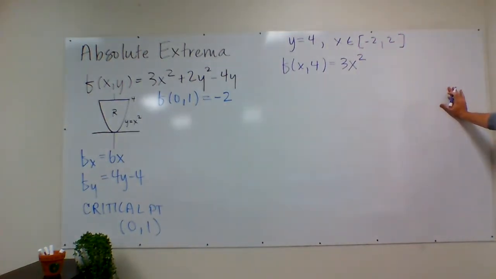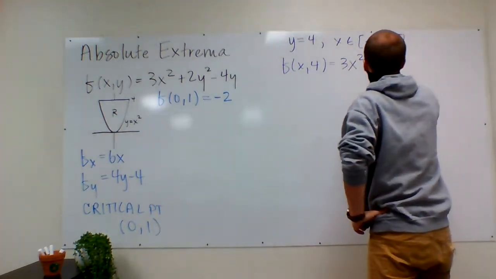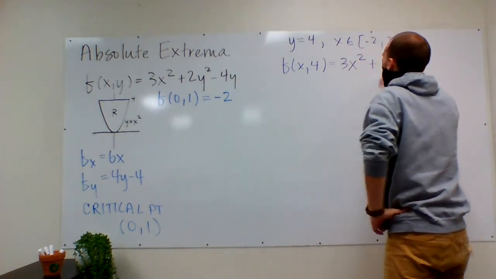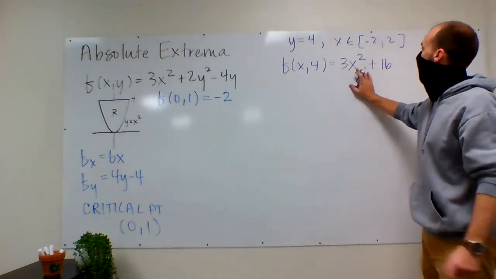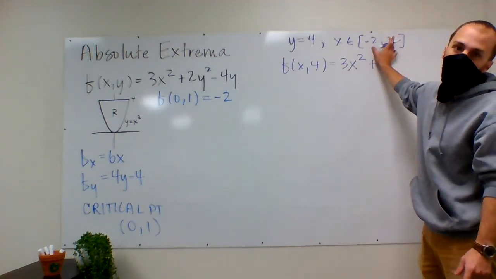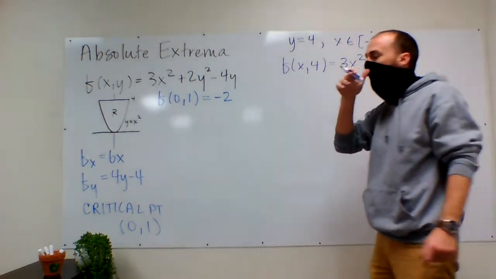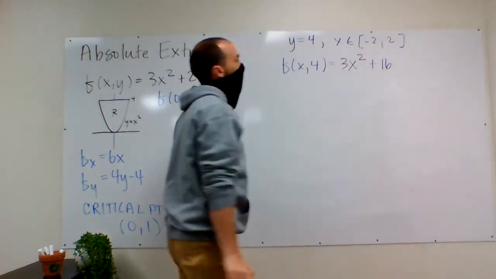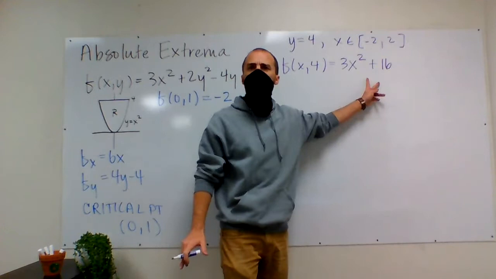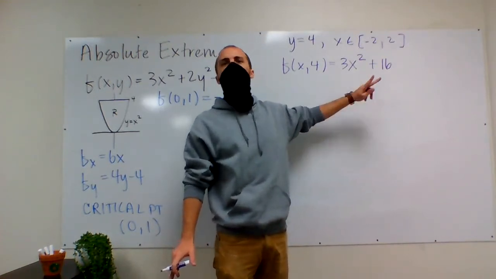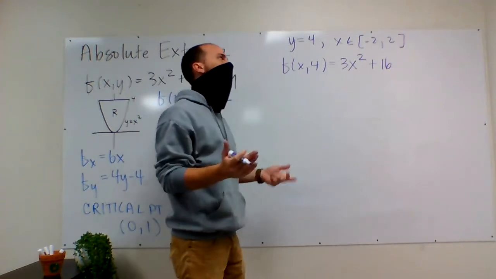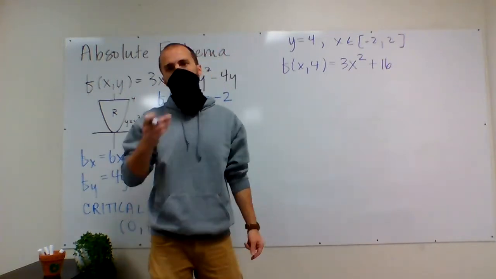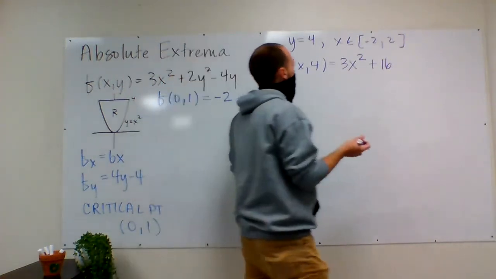Minus 16 would be plus 16. And then I'm going to find the absolute maximum and minimum of this function on that restricted domain. Which shouldn't be too hard because this thing has a whole bunch of symmetry to it. Its minimum is going to happen at x equals 0. These are just things you know about the parabola of 3x squared plus 16. Its minimum happens at 0, which is going to be 16.